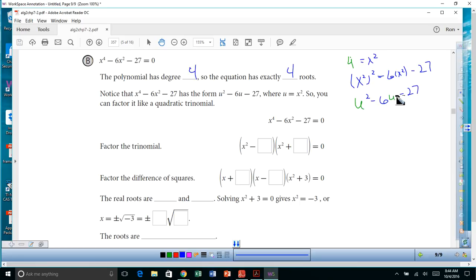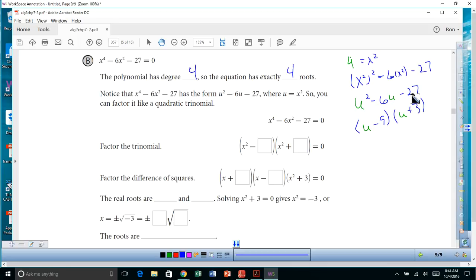All right. So what are the factors of negative 27 that when you add give you negative 6? That would be u minus 9 times u plus 3. And let's check that.